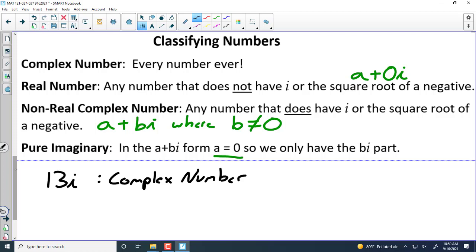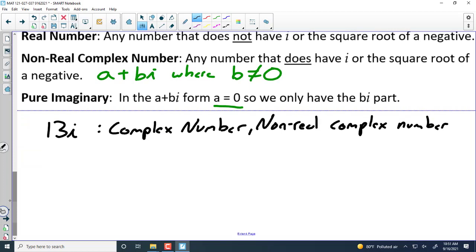Another way to read this is just saying it's not real. Yeah, because it's got the I in it. So this is also a non-real complex number. Is it also pure imaginary because it doesn't have the A part in front? Yeah, you see this A plus BI? It's just the BI part. So that's why we say it is also pure imaginary.